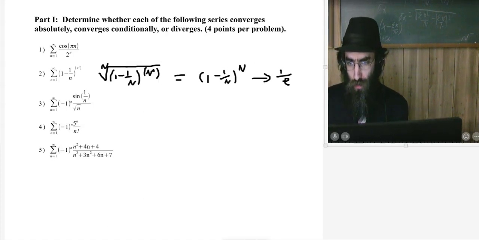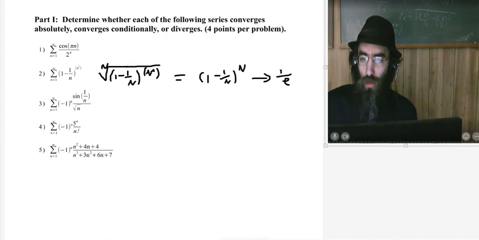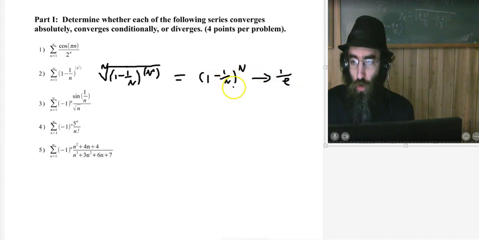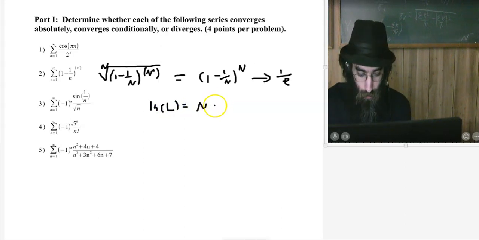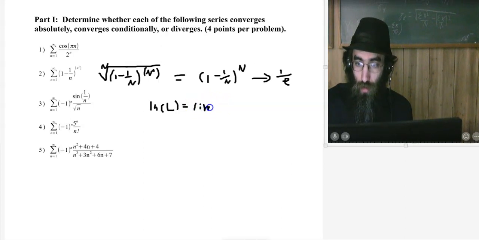If you didn't recognize this limit, then you could say, okay, I've got this indeterminate form in the limit, right, a 1 to the infinity, and you can take the natural log of both sides, right? If your limit is this much, then you have ln of your limit equals the limit as n goes to infinity of n ln(1 minus 1 over n).